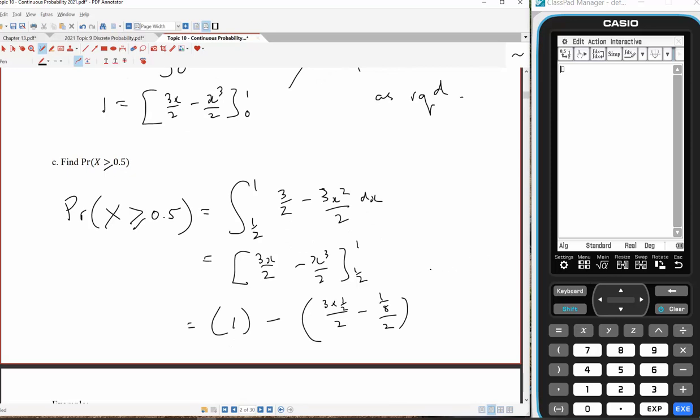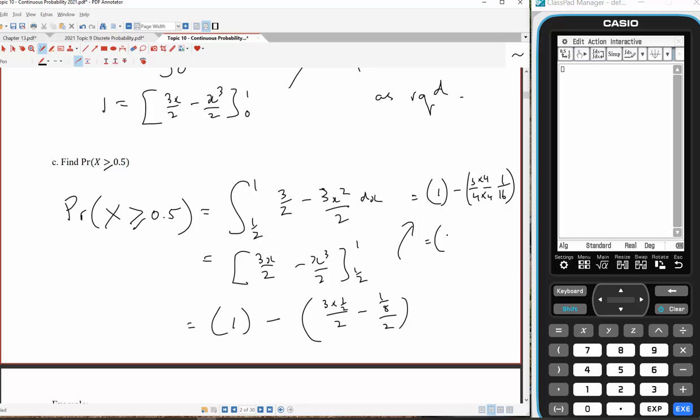Equals 1 take away. So this is 3 on 4, take away 1 on 16. So that's 12 on 16, take away 1 on 16.